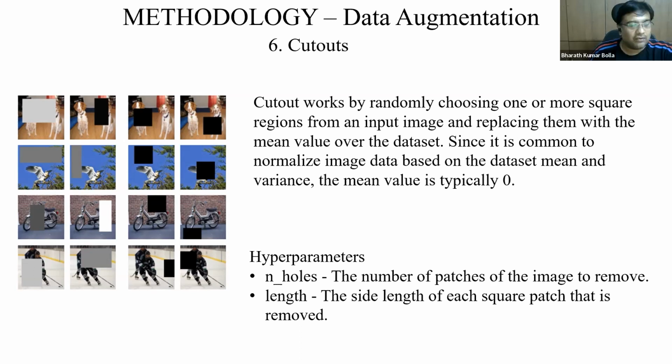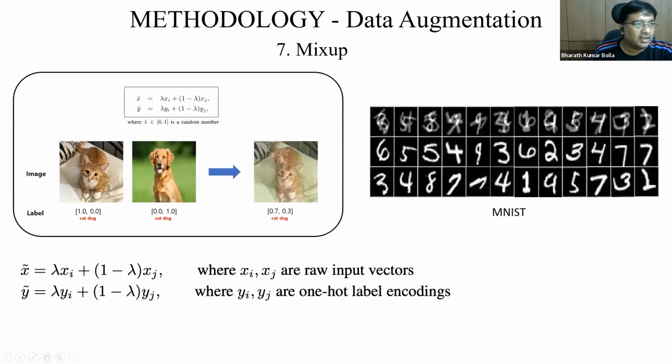There are aeroplanes that can go on water, that are landing on the airport. So if you mask out the blue sky, now the focus will be on the aeroplane instead of just the blue sky. So it reduces spurious correlation. So cutout is one important data augmentation technique.